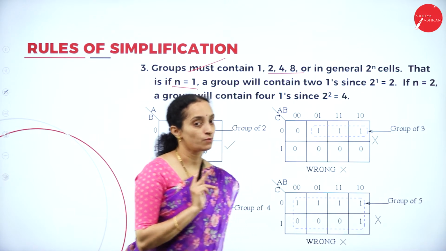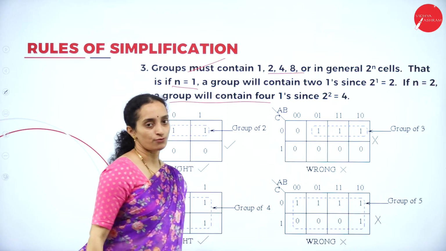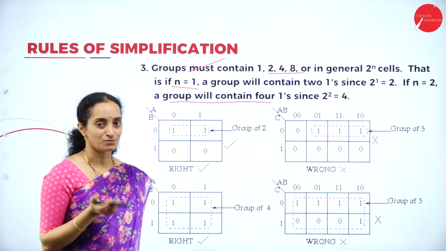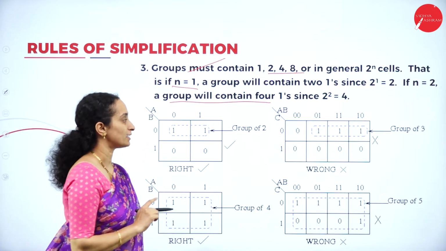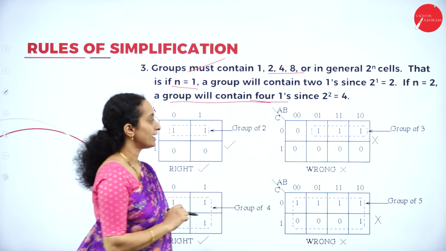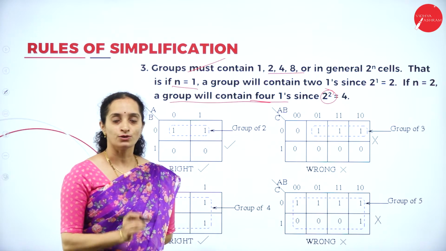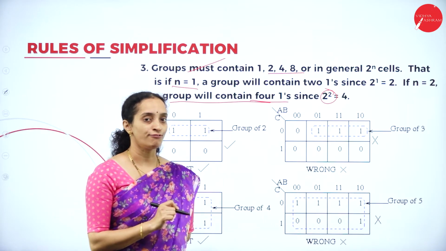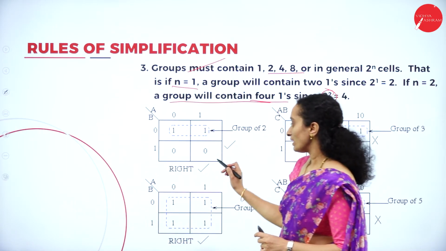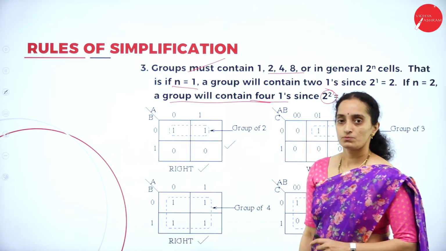Okay. If n equals 2, that means 2 variables, the group will contain 4 ones. Maximum of 4 ones you can have. That is a maximum of 4 min terms. 1 represents the min term, isn't it? So you can have 4 ones or 4 min terms in an expression, because 2 to the power of 2 is equal to 4. That means you can have a total of 4 cells in a K-map. Like this, you have the representation where you have 2 ones.